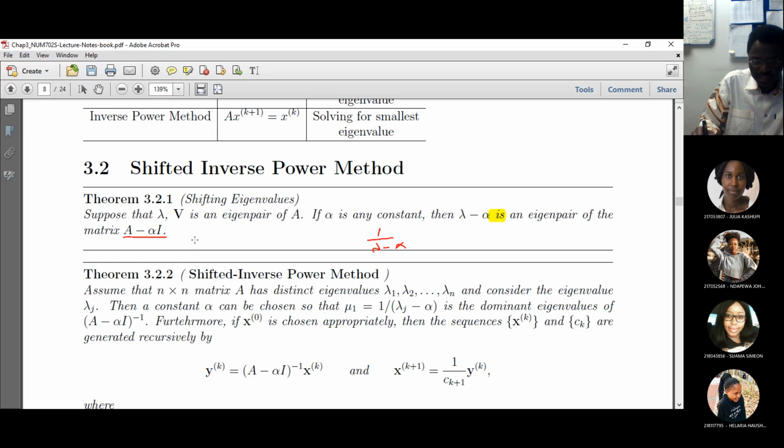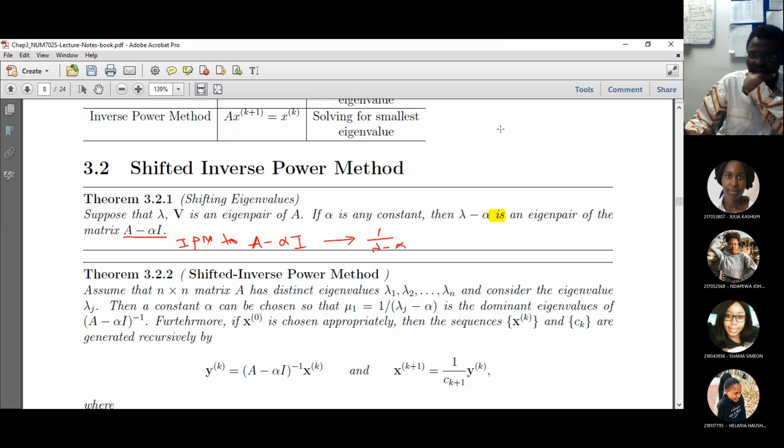So if you apply the inverse power method to A minus alpha identity, this will be the eigenvector, eigenvalue that will be computed.